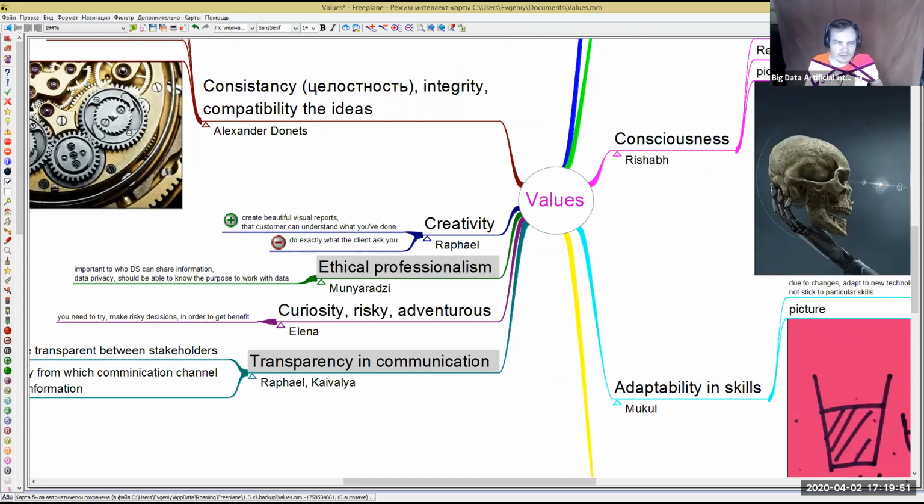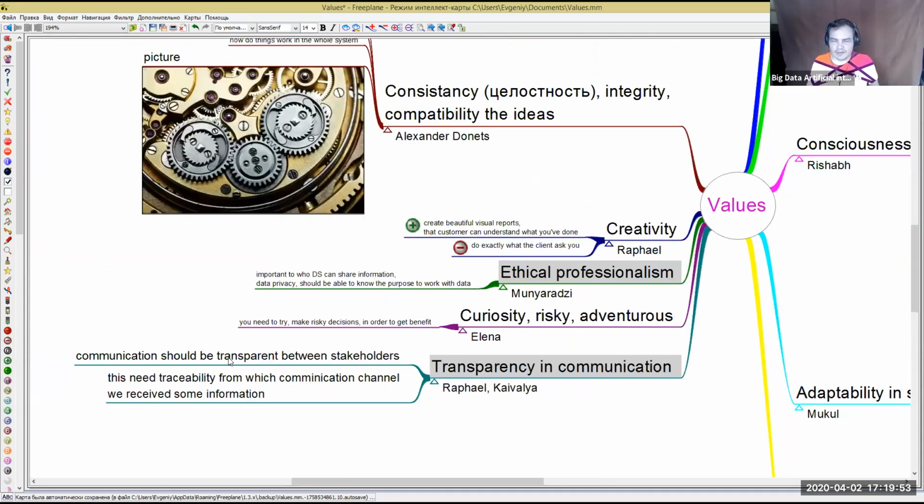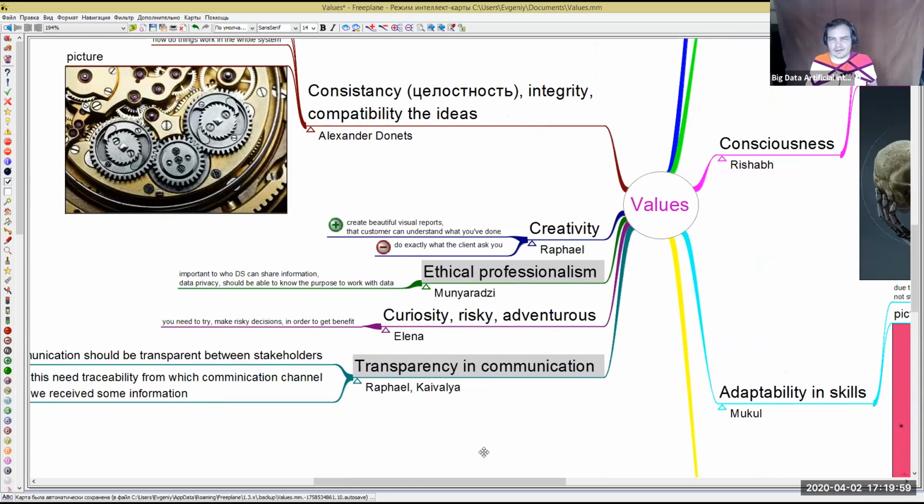Actually, we cannot define transparent by transparent. What does transparent mean? Yeah, what is the situation? Can you explain your intentions, or what does it really mean to be transparent?